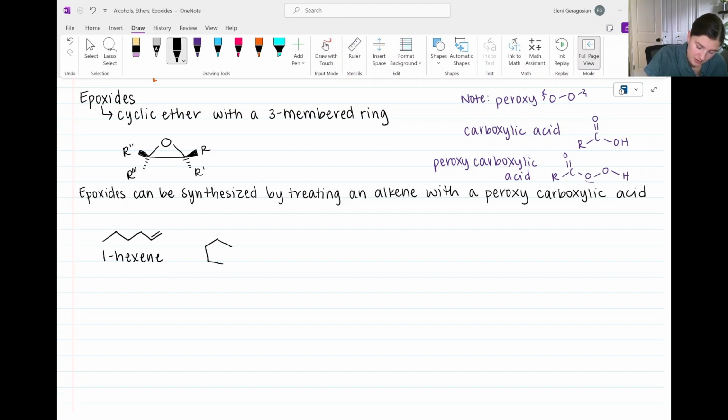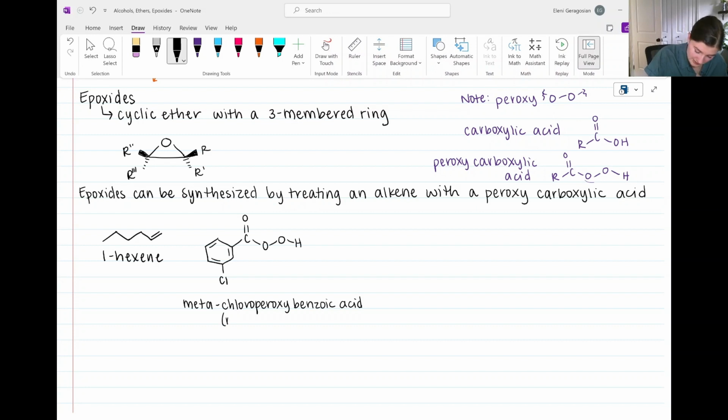We have a benzene ring, a chlorine bonded to the ring, and in the meta position is the peroxycarboxylic acid. This is called meta-chloroperoxybenzoic acid.